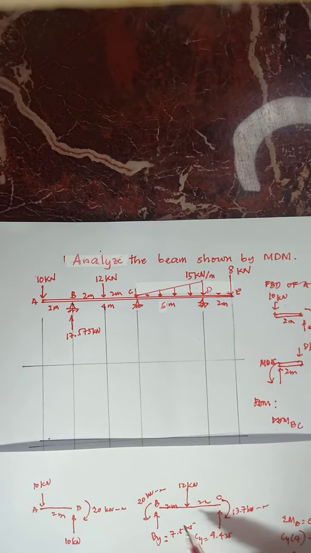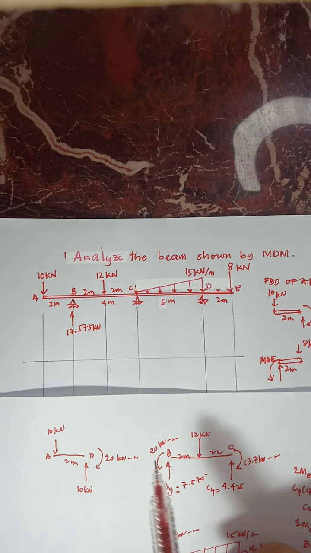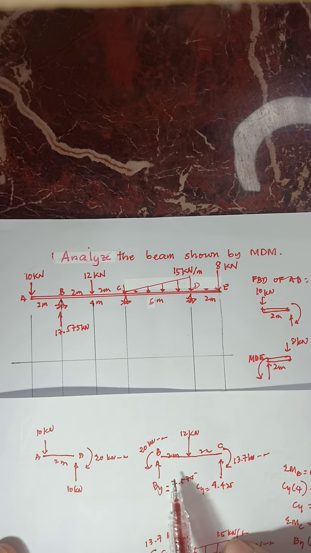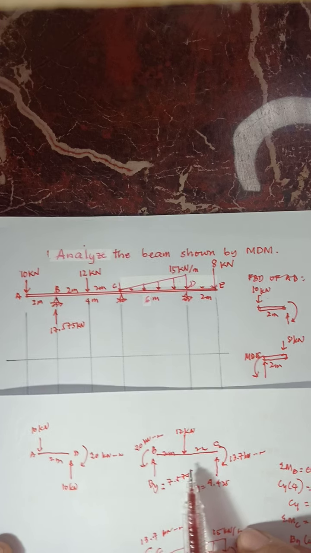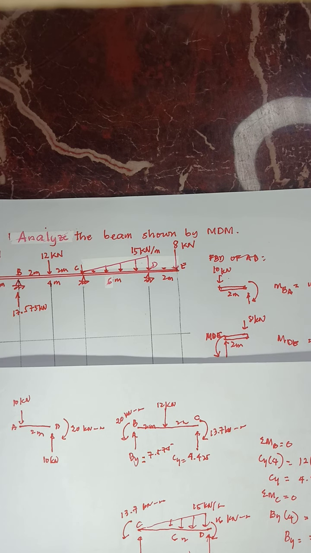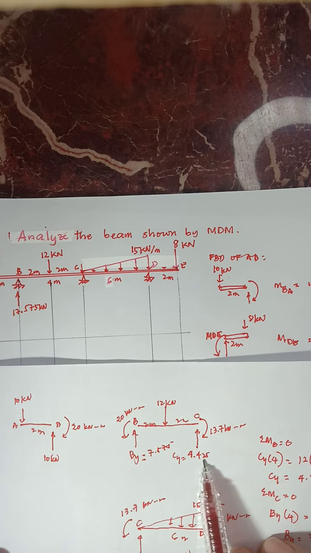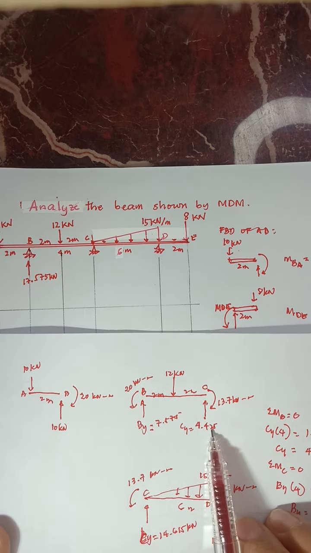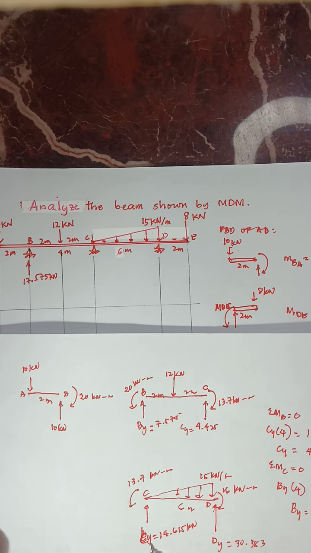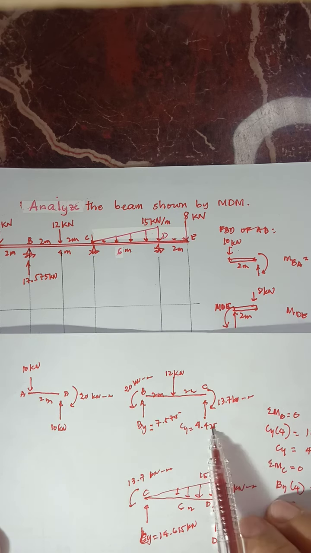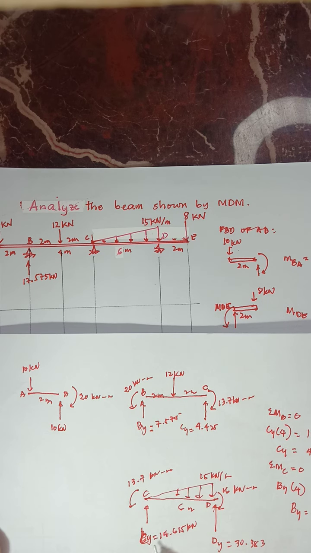Okay, at joint C also, you have CY on member BC and CY on member CD. The CY on BC is 4.425, and the CY on CD is 14.615. You add them because they have the same direction. But if they are opposite, you subtract and carry the direction of the bigger reaction.